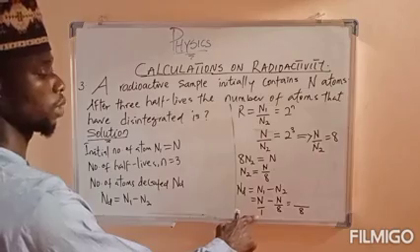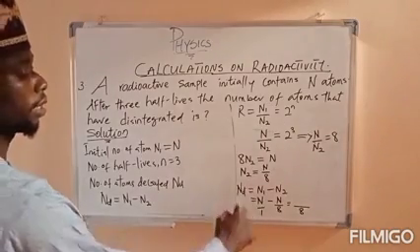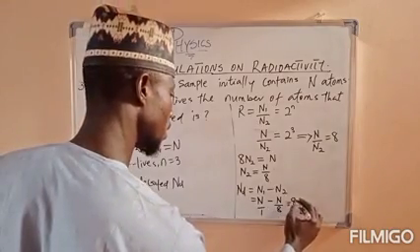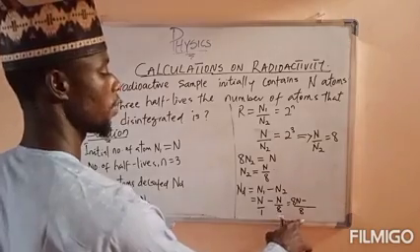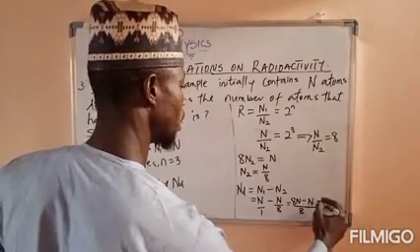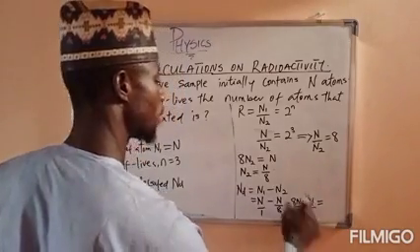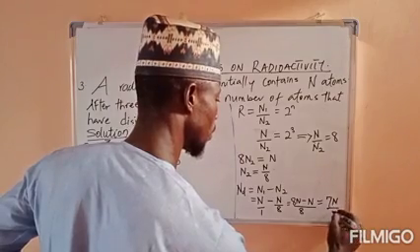This will give us 8 times N to give us 8N minus, 8 in 8, you have 1, 1 times N, I have N. That will be 8N minus N to give us 7N all over 8.